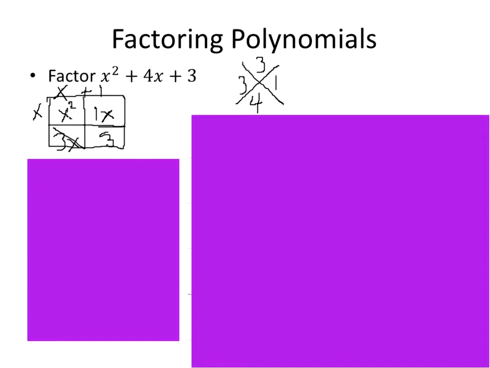And then getting the bottom part here, what's going to go up front here? Yeah, because 3 times this x up from top is going to give me 3x. So when I factored it, I end up with x plus 1 times x plus 3.